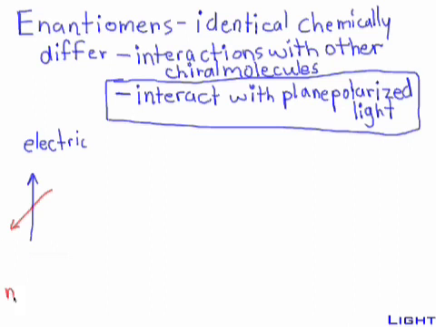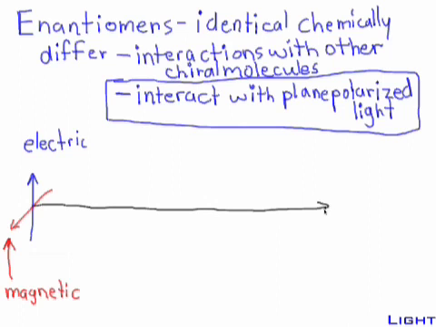Red will be the magnetic field. And these two fields are perpendicular, and they are represented by oscillating waves. And we're going to represent the general direction of propagation. So the beam of light is traveling in this direction.